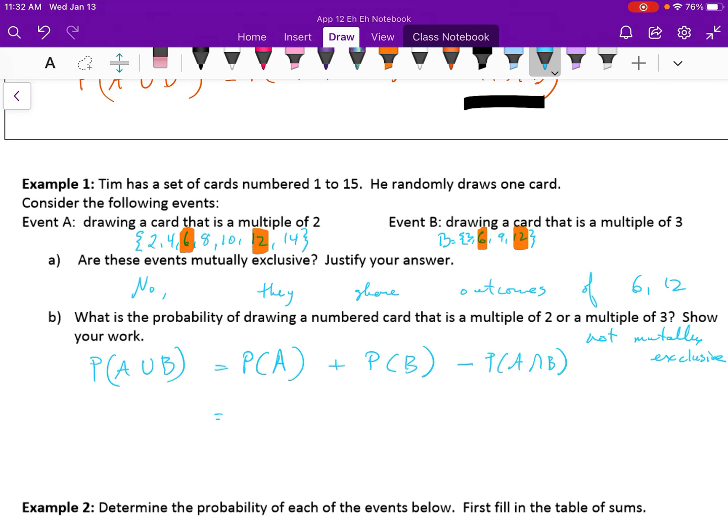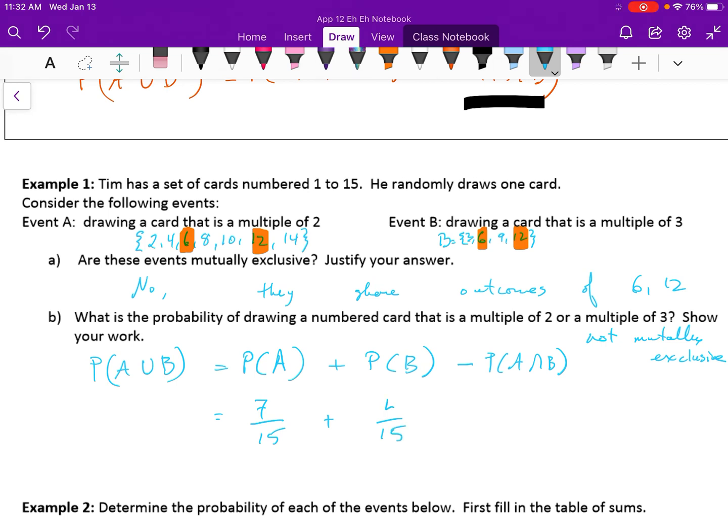We're going to use this formula because they're not mutually exclusive. The probability of A occurring: there are 15 possible outcomes, and A has 7 of those outcomes: 2, 4, 6, 8, 10, 12, 14. That's 7.